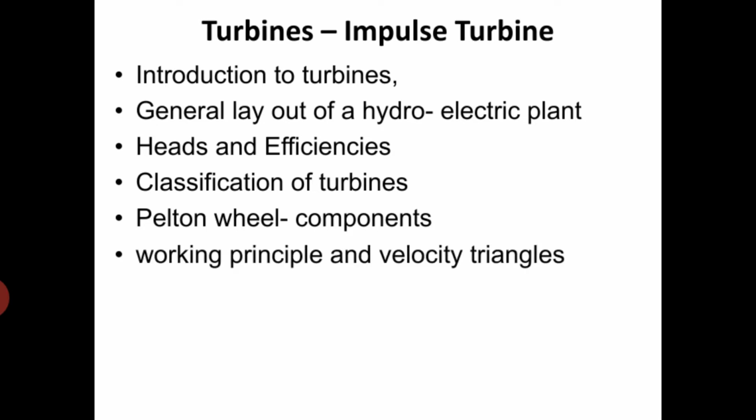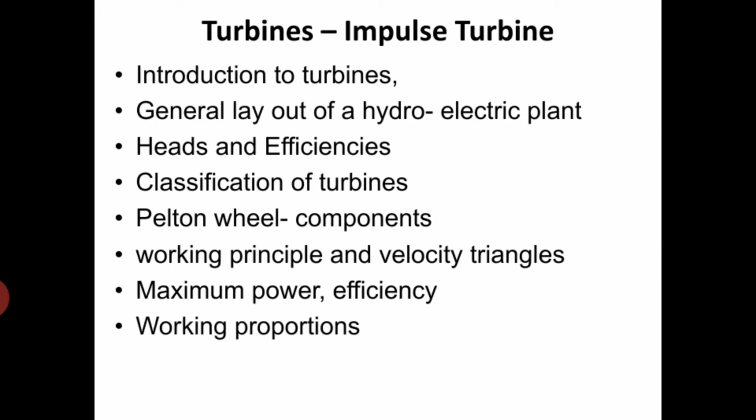Then the working principle of Pelton wheel and the velocity triangles to calculate the force exerted by the jet as well as the work done by the jet. Then the maximum power and efficiency calculation. Then the working proportions of a Pelton wheel and the numerical problems.